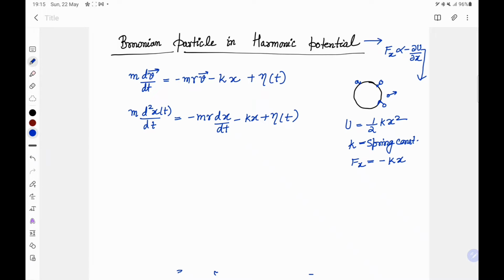I forgot to mention one thing, that this kind of equation is known as the Langevin equation. So let us start.